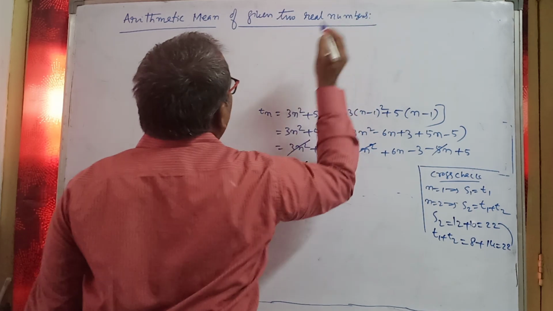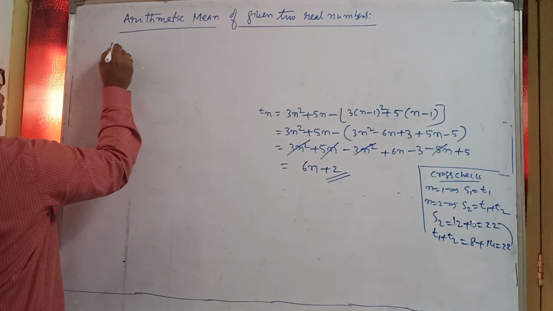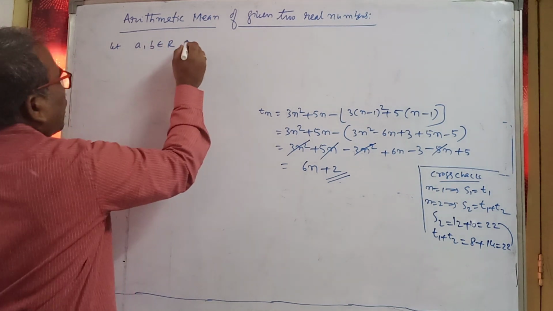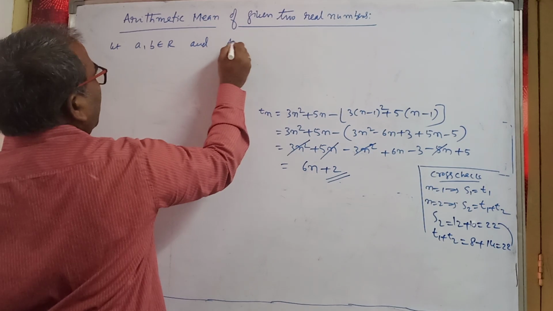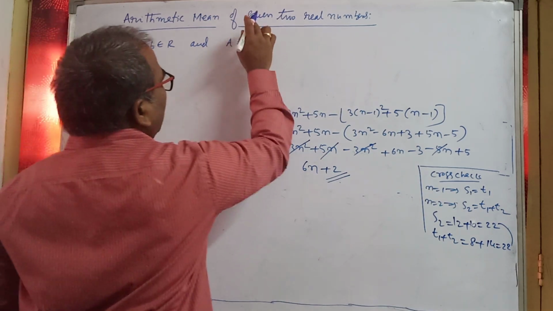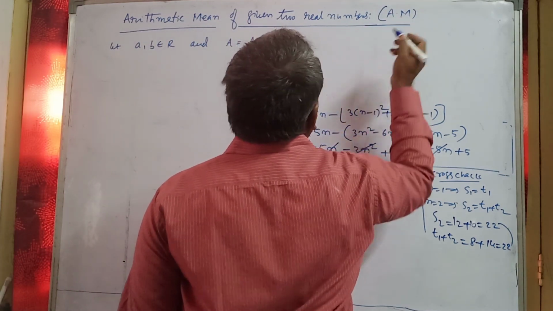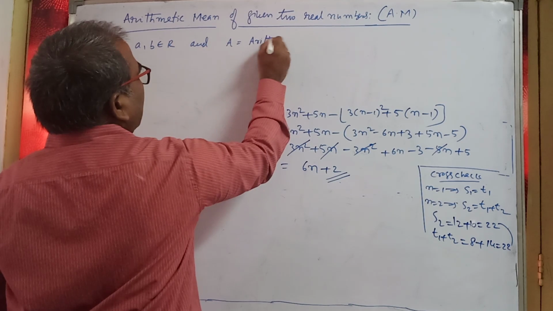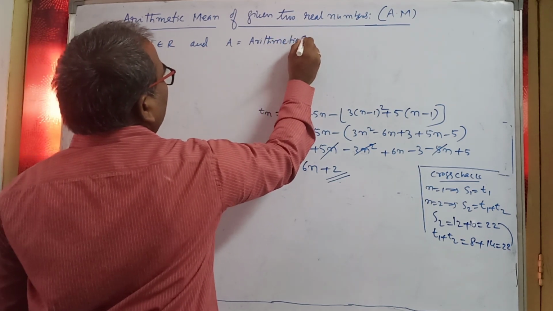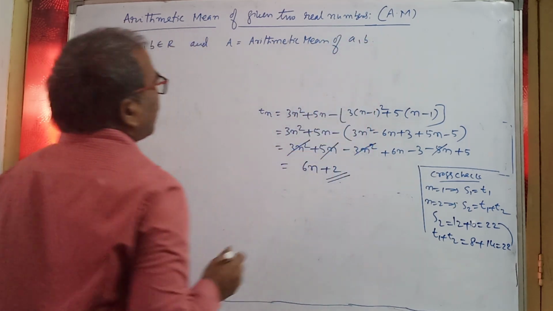Arithmetic mean. Let A, B belong to R, and A is the arithmetic mean. Short form you can say AM. Let A be the arithmetic mean of A, B.